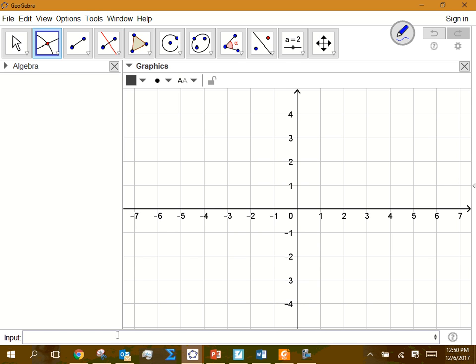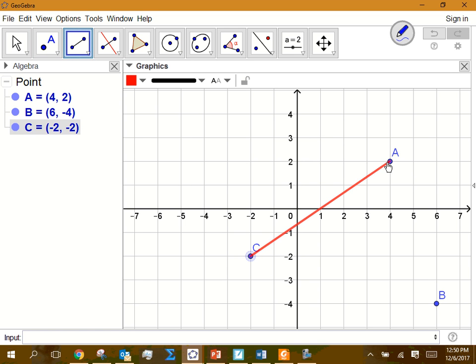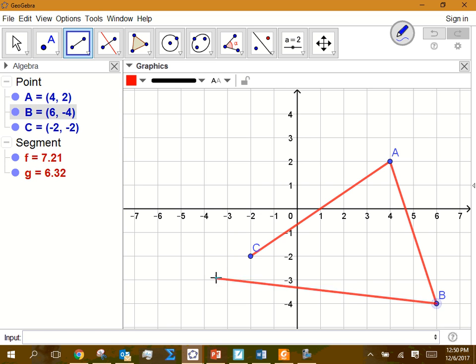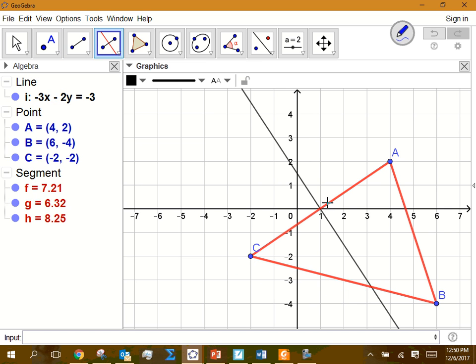I'm going to plot these points. 4, 2, 6, negative 4. And negative 2, negative 2. Gives me that triangle, right? Okay. Find the perpendicular bisectors.